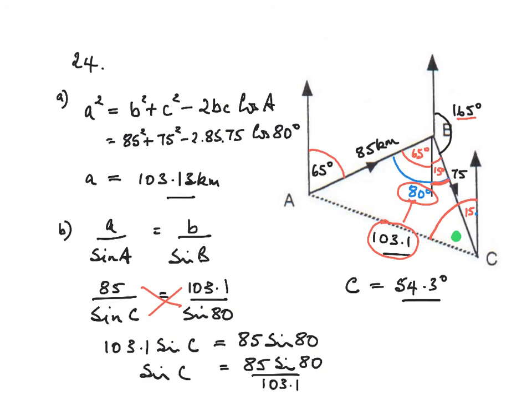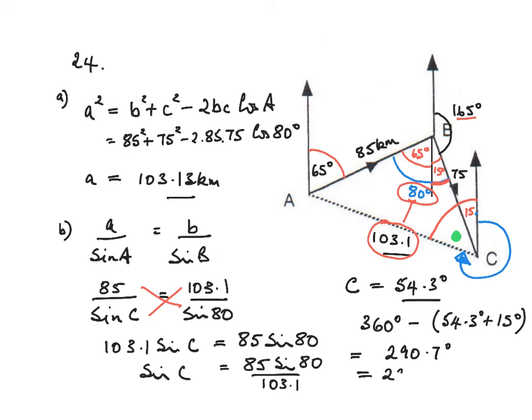Now the bearing of A from C is this angle here. So it's 360 take away 54.3 plus 15. And that gives us 290.7 degrees. 291 degrees.